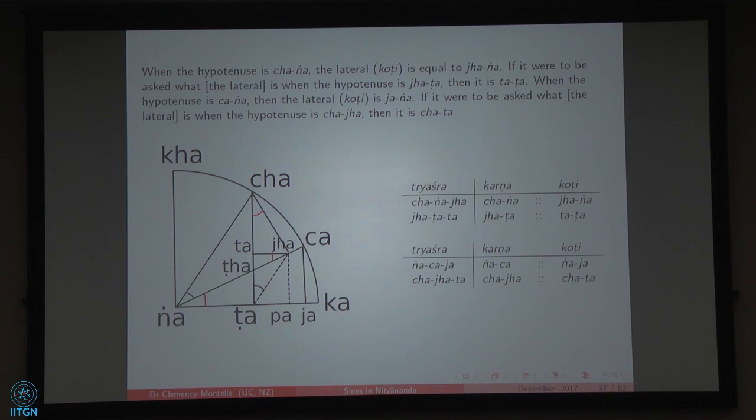So he's got these sides here, ja, ta, and ta. Similarly, he expresses another trairashika. This triangle here with the red, na, cha, ja, is similar to cha, ja, ta. If you just rotate them in your mind, the similar triangles here, if you take the hypotenuses and the bases of these, you will get your proportions as well.